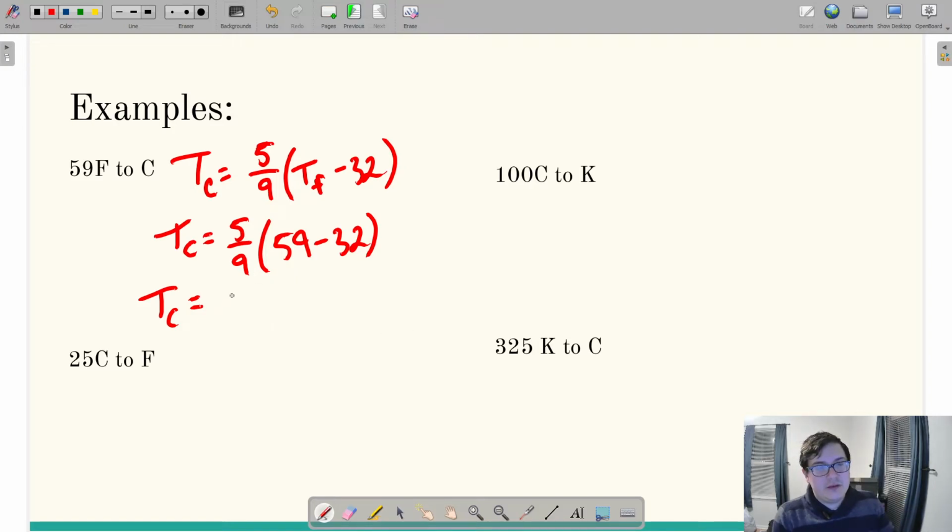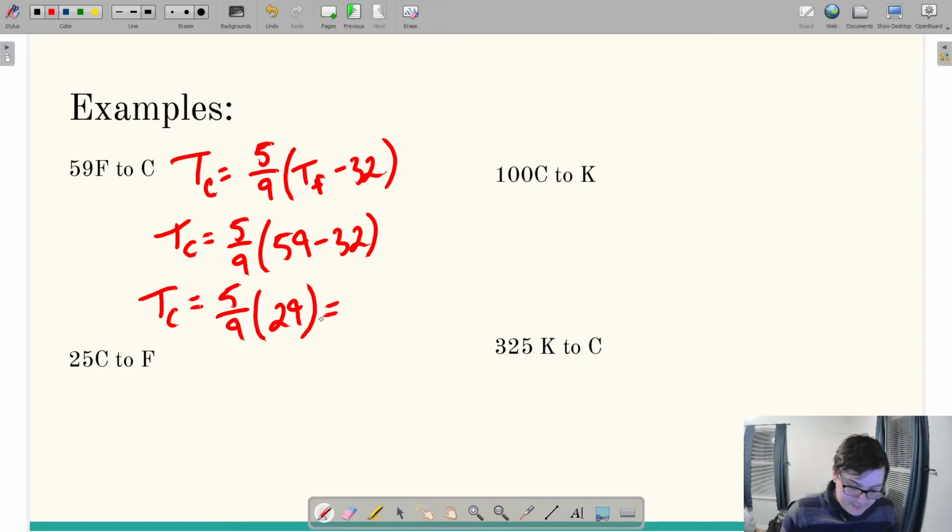And so we're going to do 59 minus 32, because that is in the parentheses. So 59 minus 32, let's just do it with my calculator. I hate to get something wrong. There we go. 59 minus 32, 27. All right, 5 divided by 9, because 5/9 is 5 divided by 9 times 27, gets me 16.11 degrees Celsius.